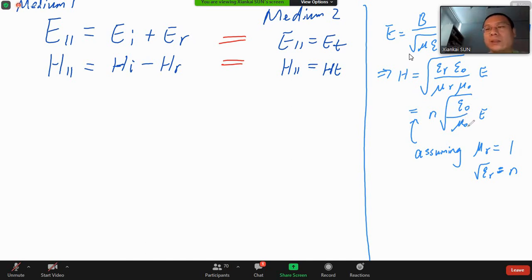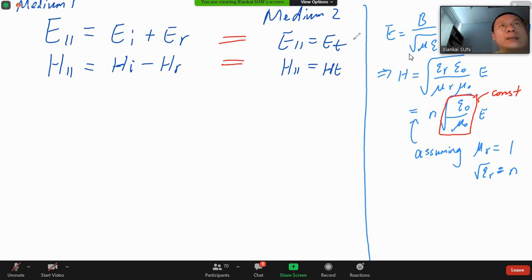Okay, so once you have this relationship, you can substitute H for E. And the other factors are constant, you can tell. Okay, so you have two equations.